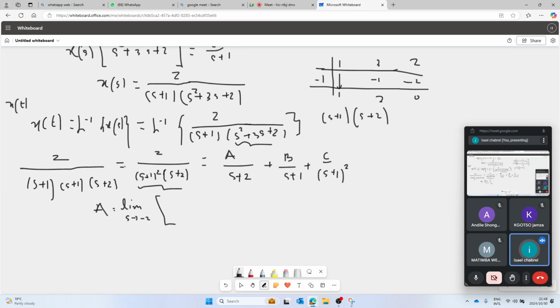Literally, I will not have the expression of s plus 2. I'm only going to have 2 divided by s plus 1 squared. Now, solving it, I replace s with minus 2, so 2 divided by minus 2 plus 1 squared. So this answer here is 2. Therefore, A is equal to 2.